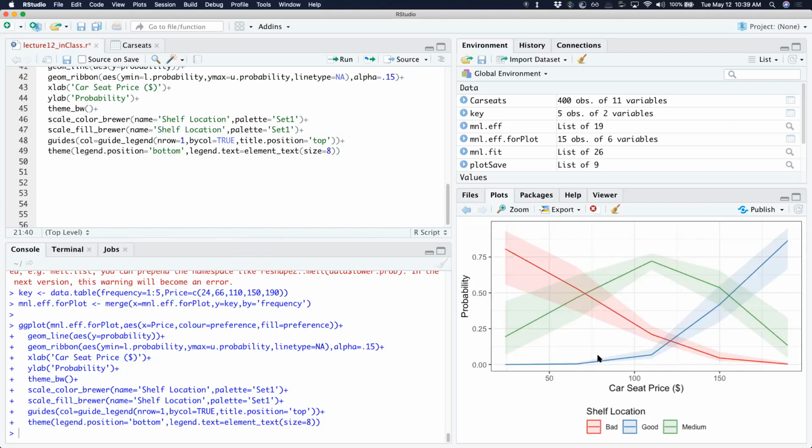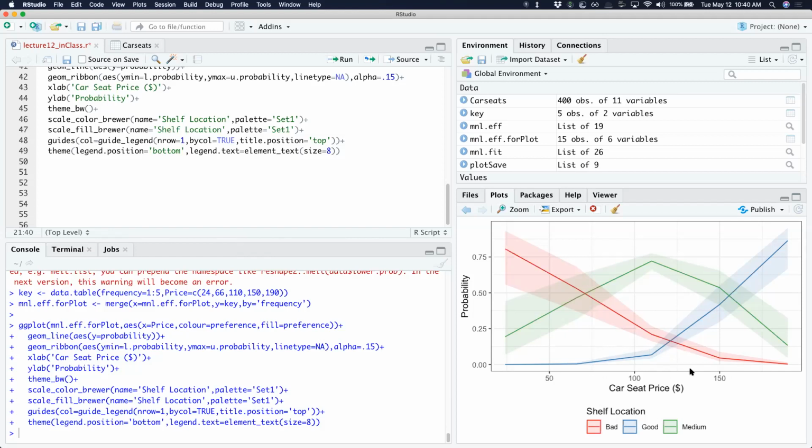So as I mentioned before, at any single price point, the probability of the outcomes has to add up to 1. So this plus this plus this equals 1. This plus this plus this equals 1. And basically what we see is that as the car seat price increases, the probability that that car seat is in a good shelf location will continue to increase, okay?